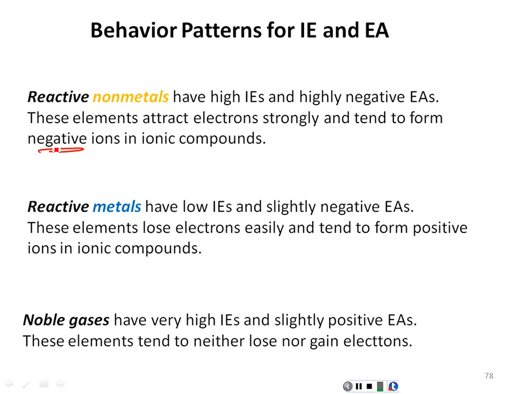Now, reactive metals have low ionization energies and slightly negative electron affinities. So these elements lose electrons easily. They tend to form cations or positive ions in ionic compounds. In noble gases, very high ionization energies and slightly positive electron affinities, so they don't really gain or lose electrons easily.